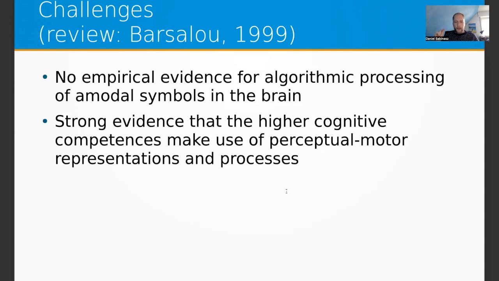And also, if that brain region is impaired, there's also studies for that. So I highly recommend this review by Barsalou, a paper titled Perceptual Symbol Systems, where a lot of that is reviewed.